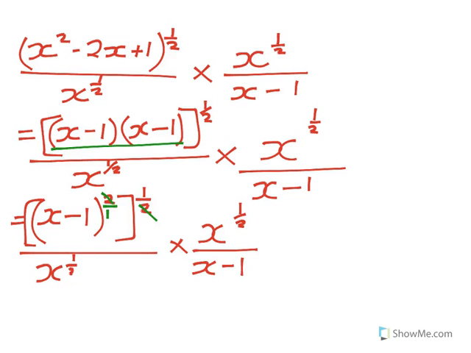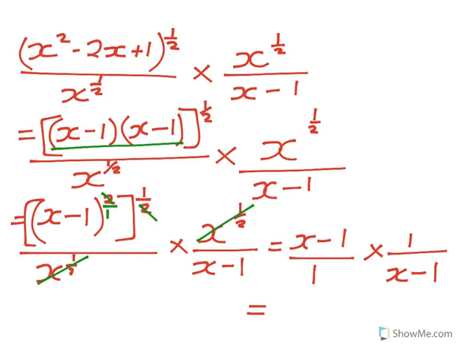Now when you're cancelling, this x to the half and this x to the half cancel. So what are you having here? You are now having x minus 1 over 1 times 1 over x minus 1. Again, you can further cancel, and then the simple answer you're getting is 1. So that is the final answer of that.